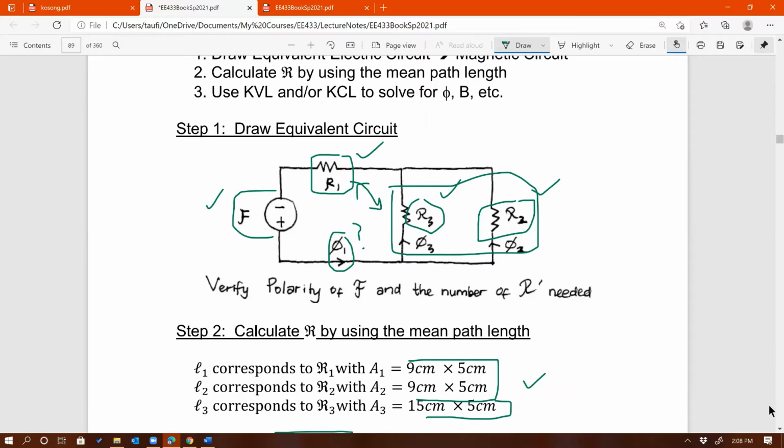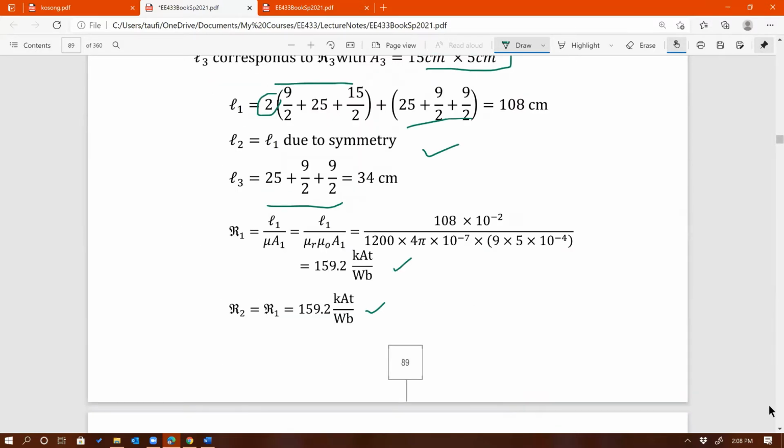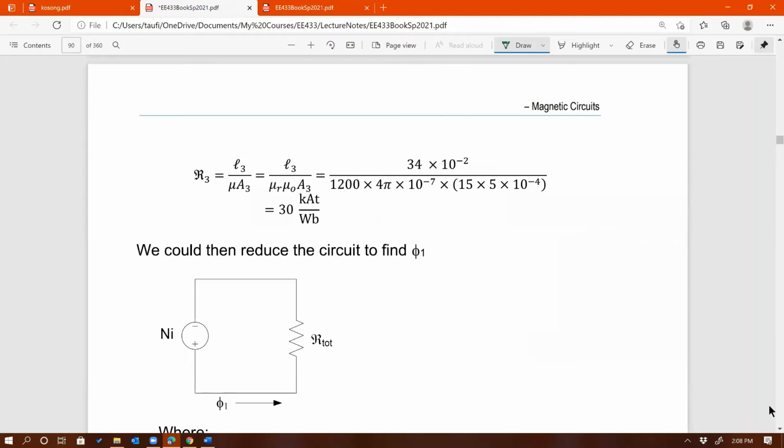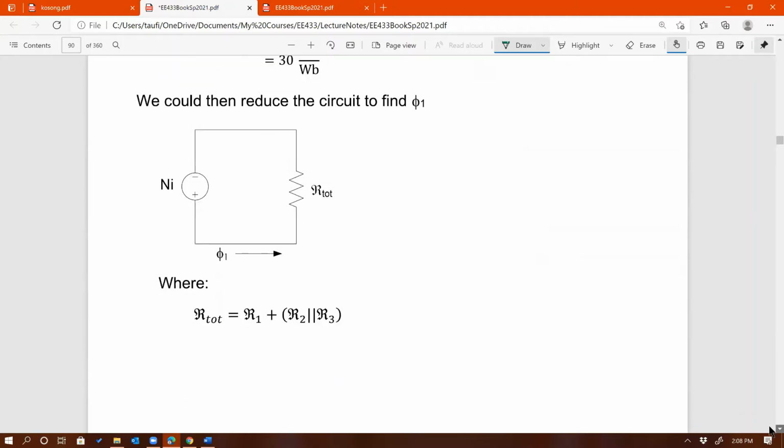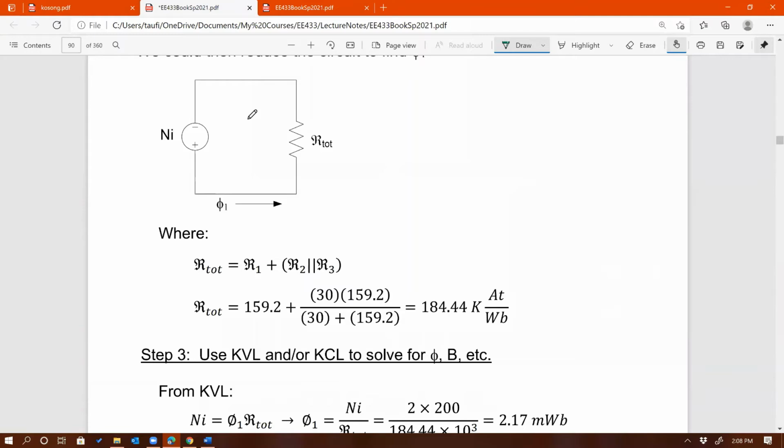So same thing here, right? That's why it is nice to be able to represent a magnetic circuit with an electric circuit, because we've done this thousands of times. So now you can see that we already combined all reluctances into one. This is the one that we are looking for, and we should know this one now. That's just R1 plus the parallel combination of R2 and R3.